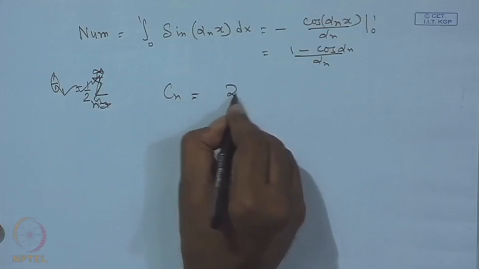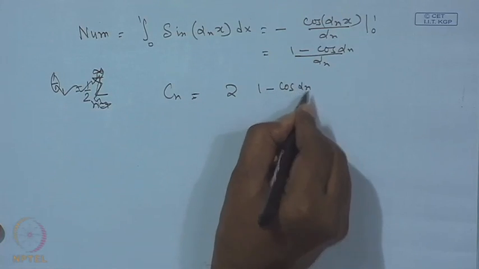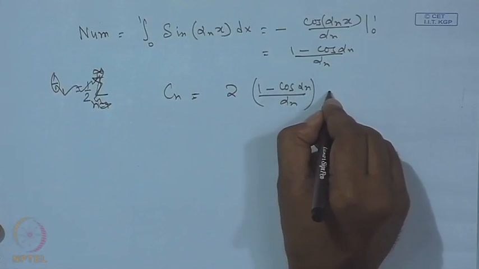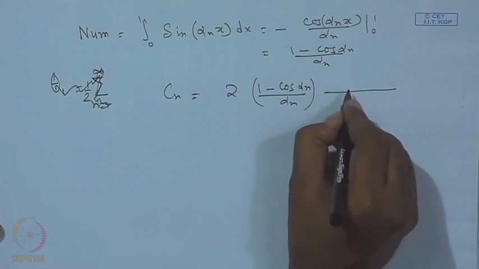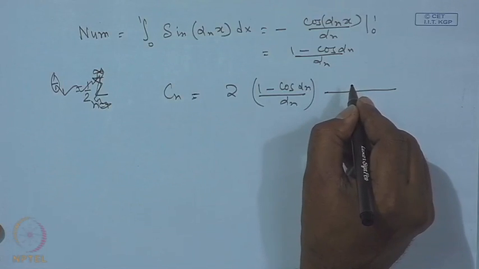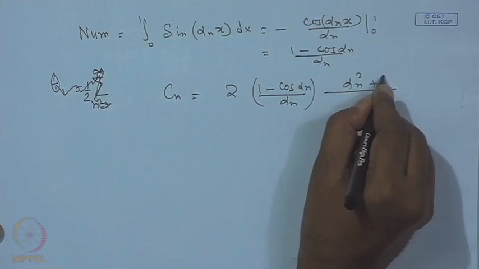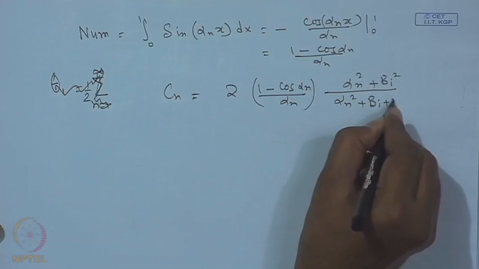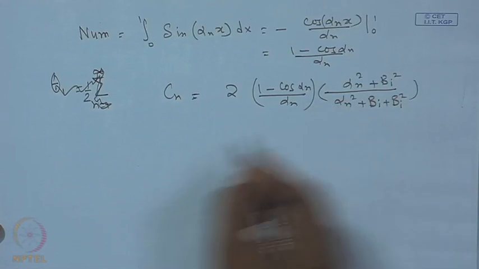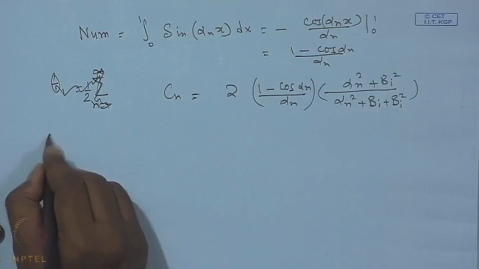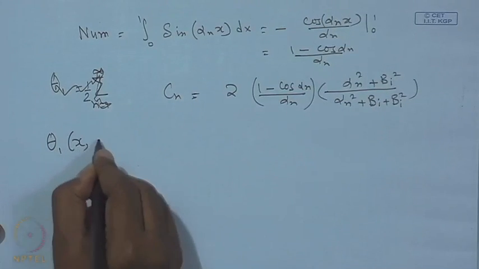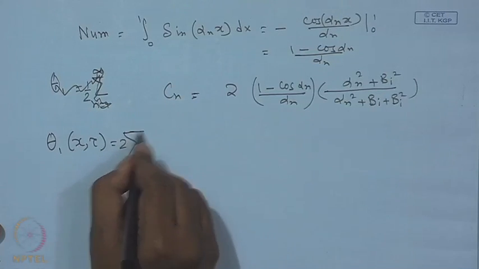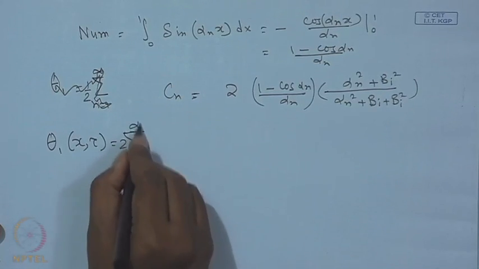So, it will be 2 times 1 minus cosine alpha n divided by alpha n, and your denominator is alpha n square plus Bi square divided by alpha n square plus Bi square. So, that is the coefficient C n. So, now you are in a position to write down theta 1 completely, summation n equal to 1 to infinity.